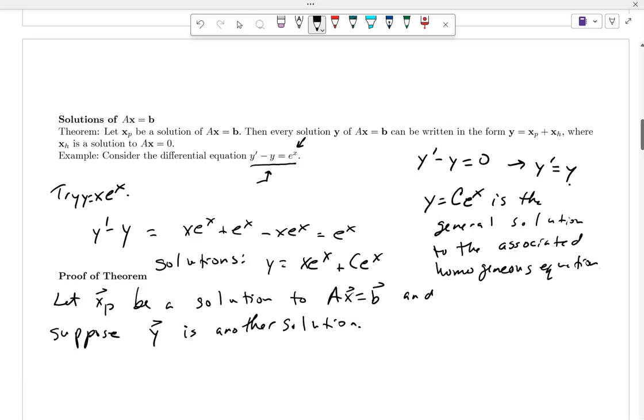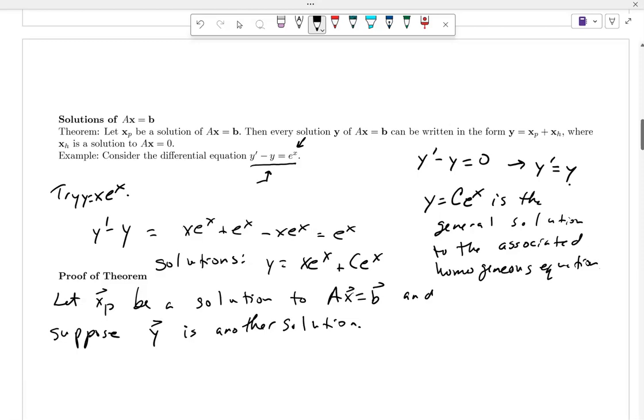If I have two things, what might I do with those two things to convert now to a solution to the homogeneous system? What's on the right-hand side of the homogeneous system? 0, right? If I plug this one in and it gives me b, and I plug this one in and it gives me b, what might you do with these two solutions to create something that when you plug it in, you get 0?